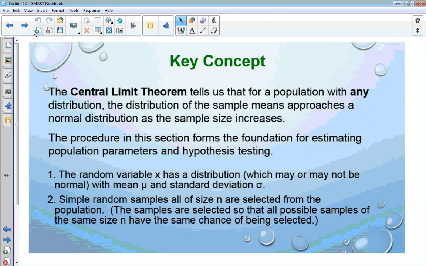The procedure is really foundational for estimating population parameters, and when we move on in Chapter 8 to hypothesis testing.